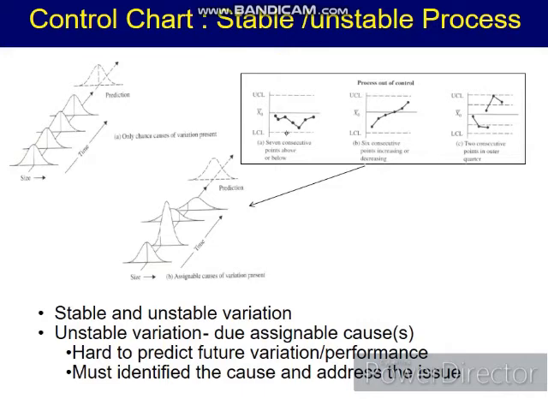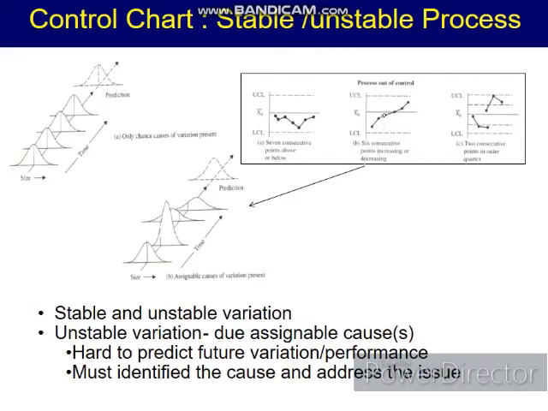So this is one of the criteria in terms of data trending that indicates that the process is not in control. The second criterion is this: if you have 6 consecutive points increasing or decreasing, then this also indicates that the process is unstable or out of control. For example, you have 1, 2, 3, 4, 5, 6 consecutive data points in an increasing trend.